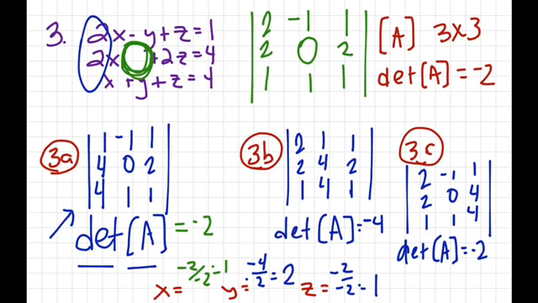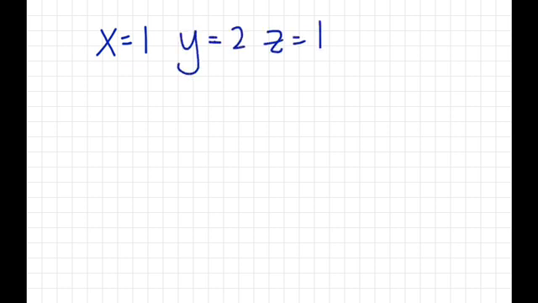So what all of this means is, for our system of equations, x is equal to 1, y is equal to 2, and z is equal to 1. Now remember that you can check your answers by plugging in, and it has to work in every equation. So you can do this simply with your calculator.